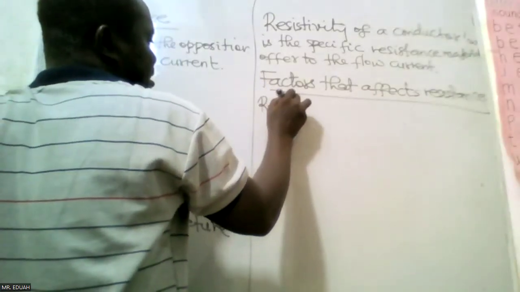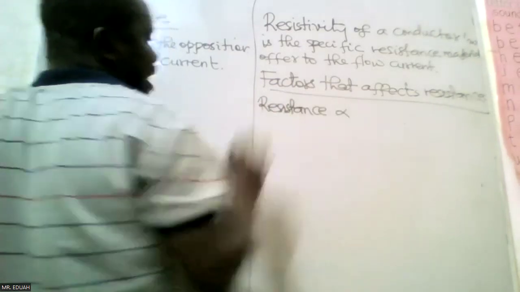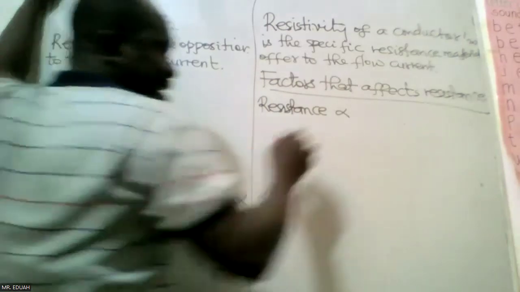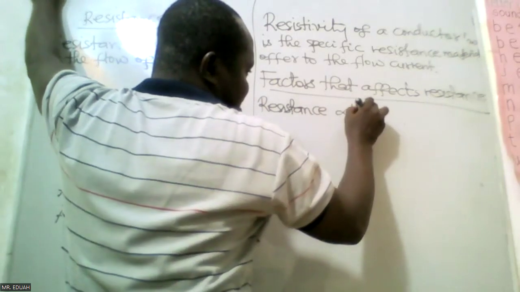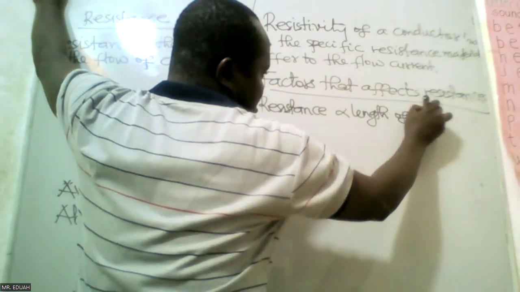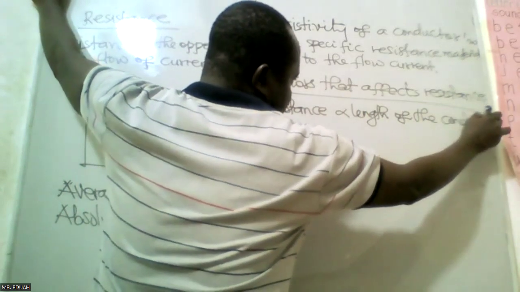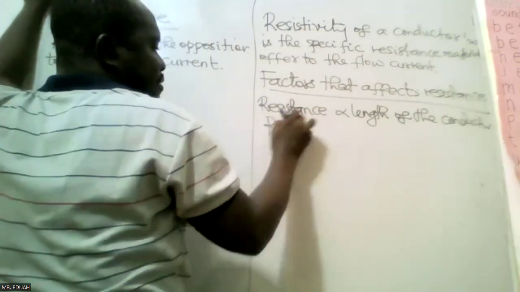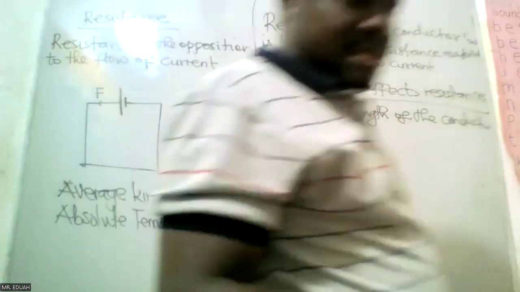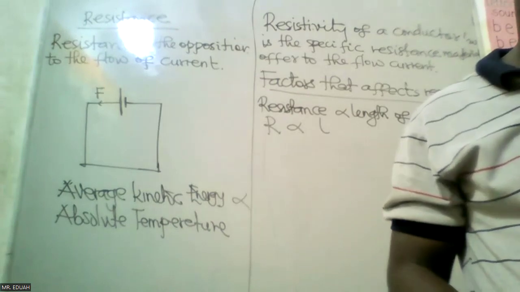Resistance R is directly proportional to the length of the metallic conductor. So we are saying that R is directly proportional to L. The greater the length of the metallic conductor, the greater is the resistance.